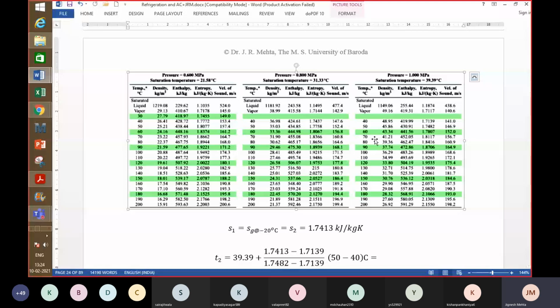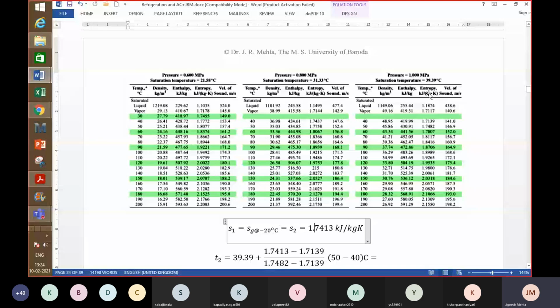Now if I refer to the entropy values here, what I find is that at 40 degrees Celsius the entropy is 1.7139, and at 50 it is 1.7482. Now the entropy of interest for us, S1 equals S2, is 1.7413, which falls between these two values.